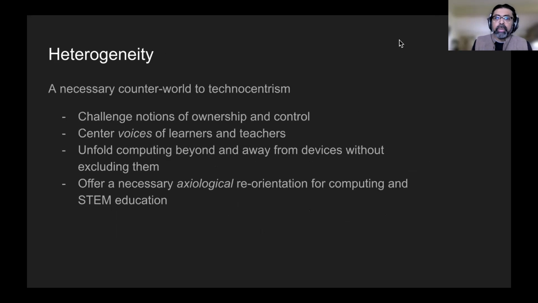But how do we counter this, and not create another binary? Heterogeneity cannot be a binary. Although I'm phrasing it as a term in opposition to technocentrism, what heterogeneity should be a reminder of is that a lot of the work in computing education since the 70s has centered notions of ownership and control.